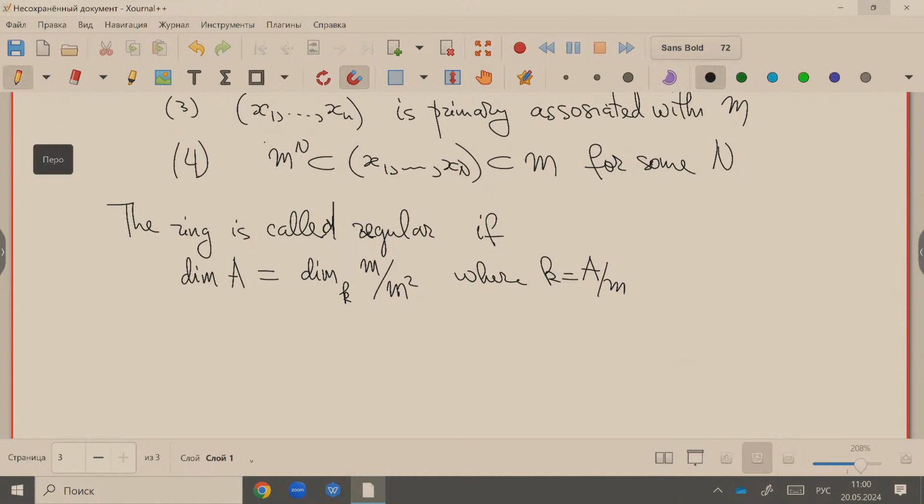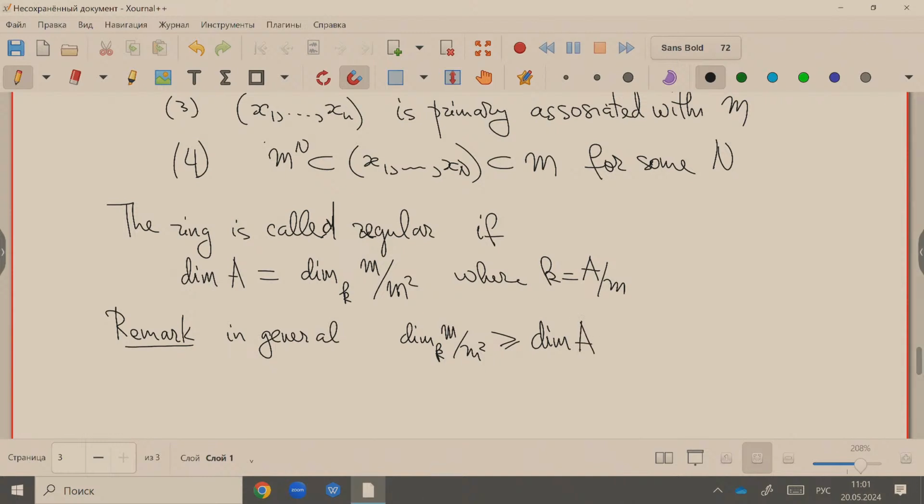So, in general, a remark. In general, we have the following: the dimension of M modulo M squared over K is bigger than or equal to the dimension of A. As we have discussed, M modulo M squared is somehow a tangent space.